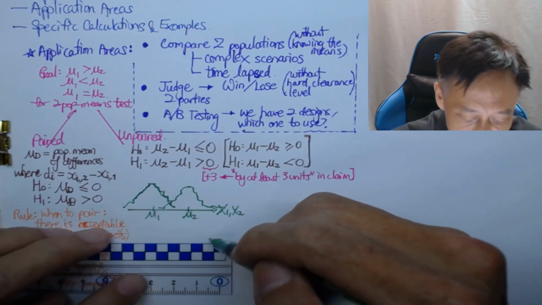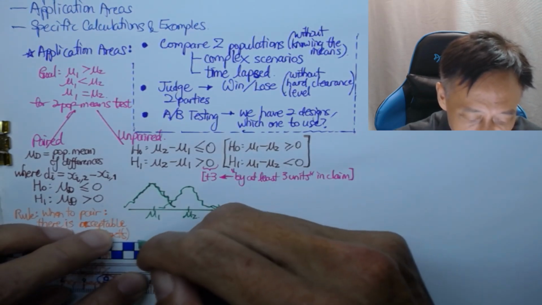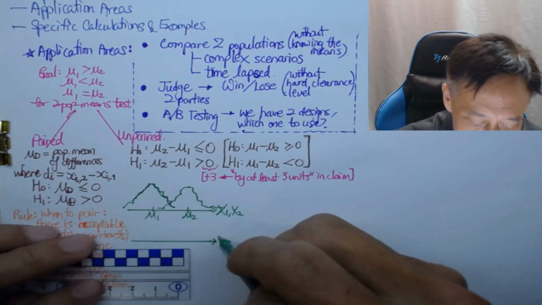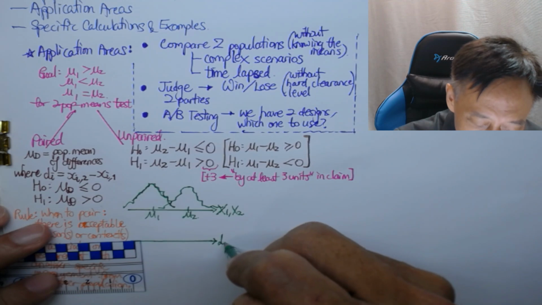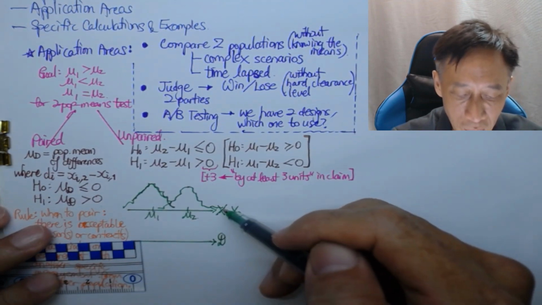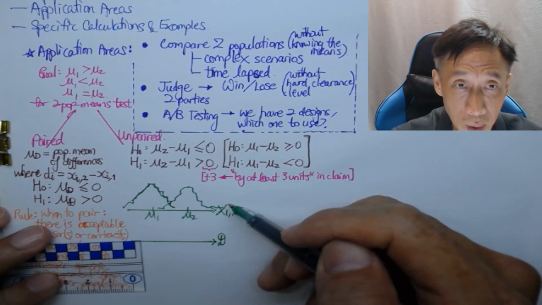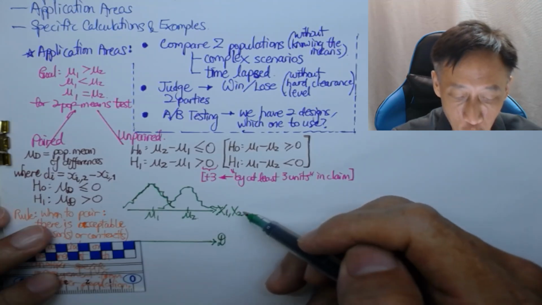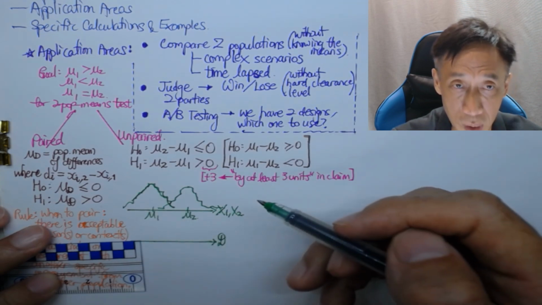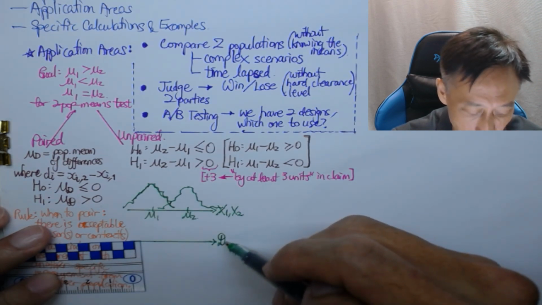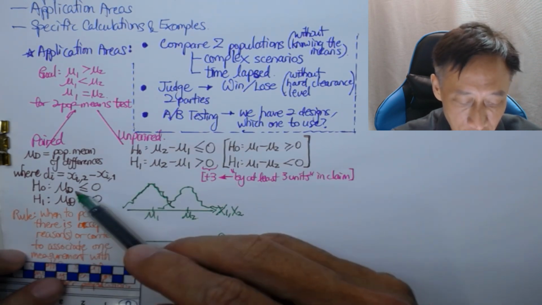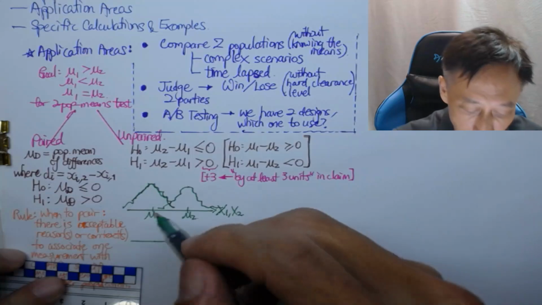So what happens next is something I would say amazing for the paired test, and that is that we construct not x1 bar, x2 bar, but we construct directly from the sampled data our D. Our D is the entire population itself.